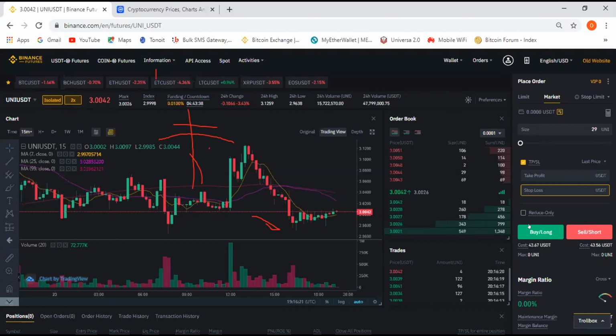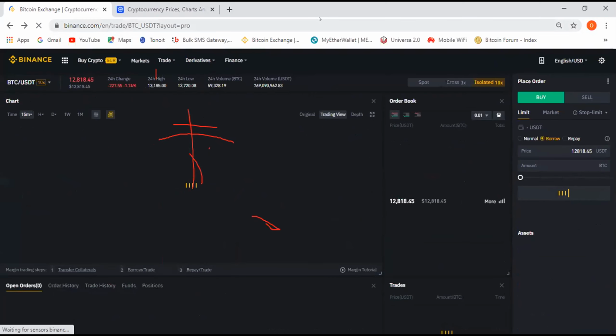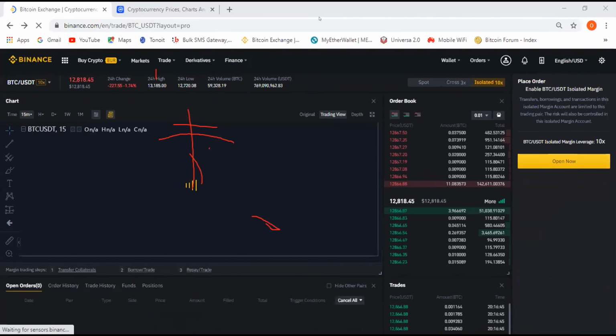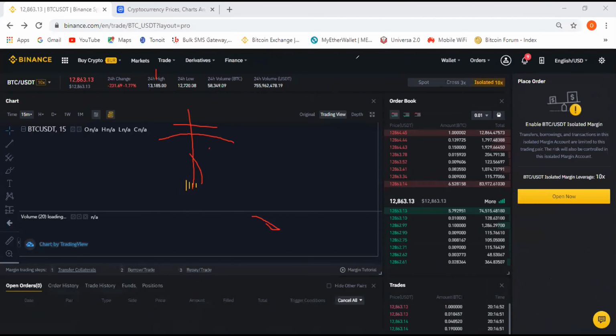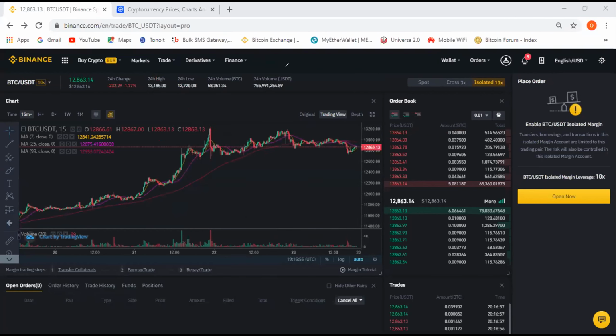All you need to do is just click on long, pick the price with the market price, and take your profits. So let's do a live practical.